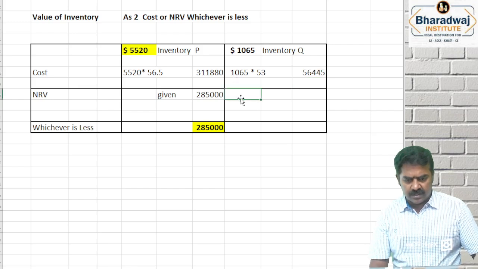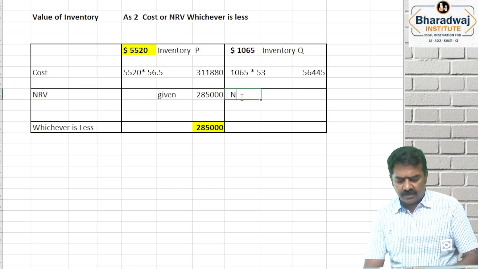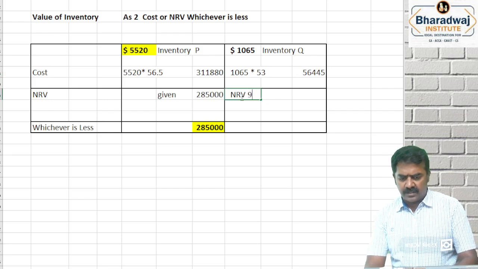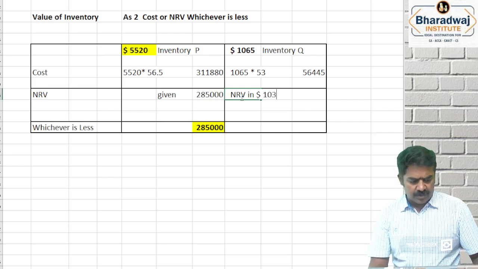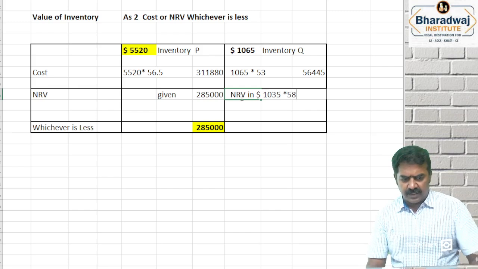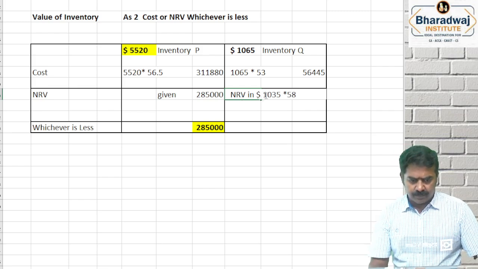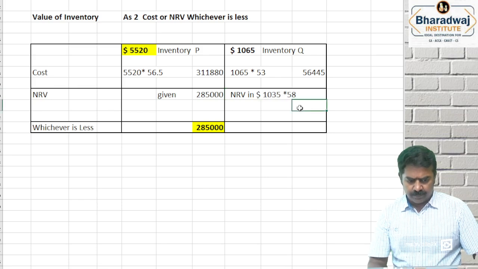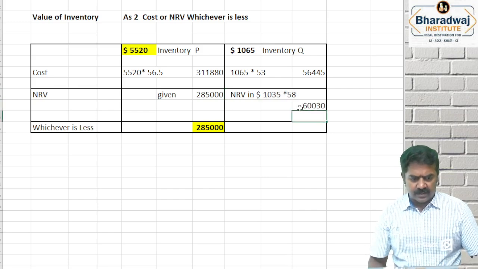This is the cost. At the end of the year, what is the net realizable value in dollars? 1035 into 58, the closing rate, which is 60,030. Whichever is less.